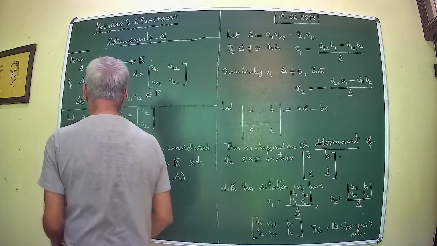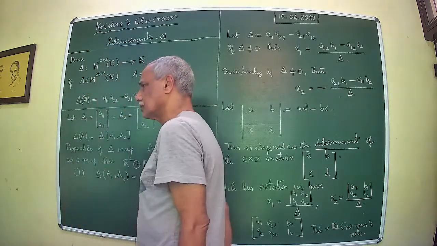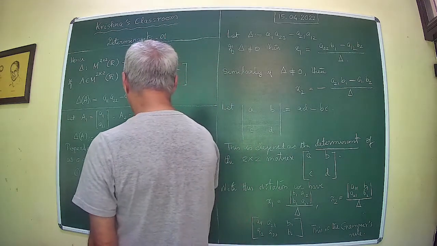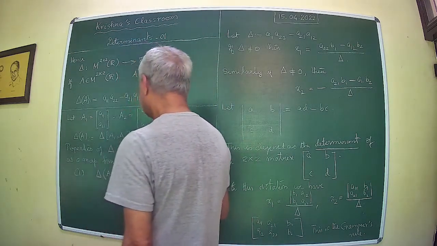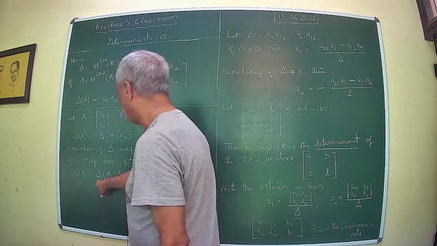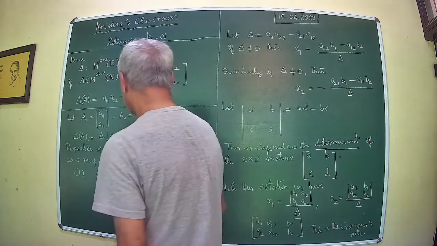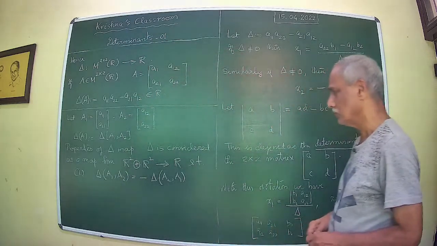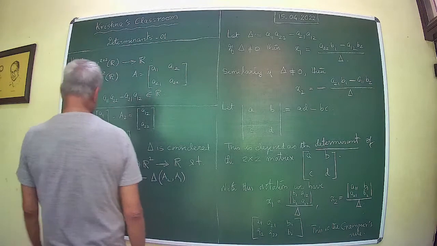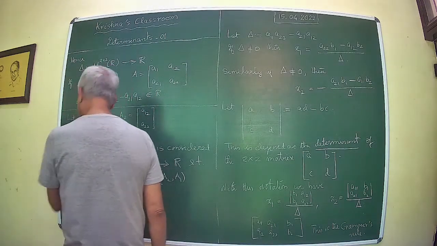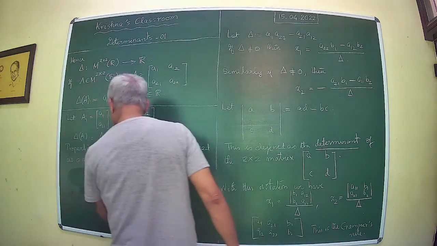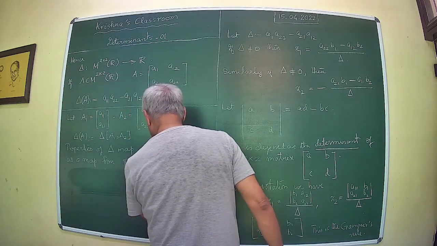That means if you interchange these two vectors, then the value of delta at A2 A1 is minus 1 times the value of delta at A1 A2. Okay, this has a simple consequence. Before we do that, we will come back to this, but before that we make some observations.